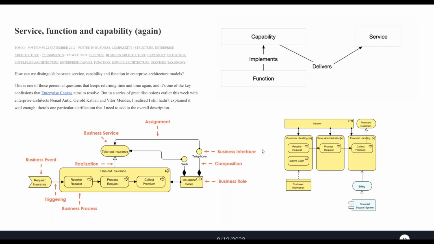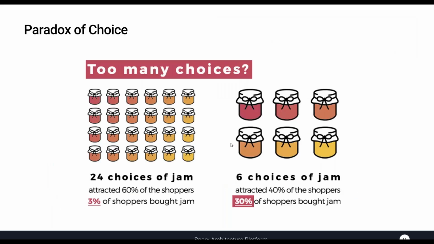But what we are trying to do is to eliminate the paradox of choice. As you might have seen already, people think a lot of choices is better, but in reality, research shows the more the choice, the less possible it is for people to deliver anything meaningful.